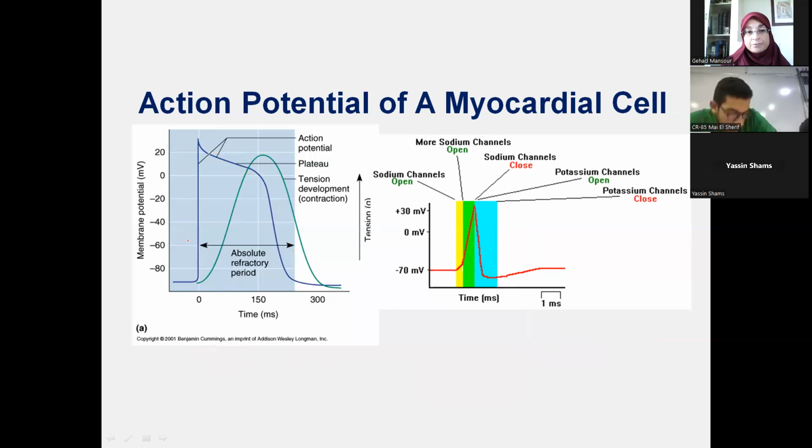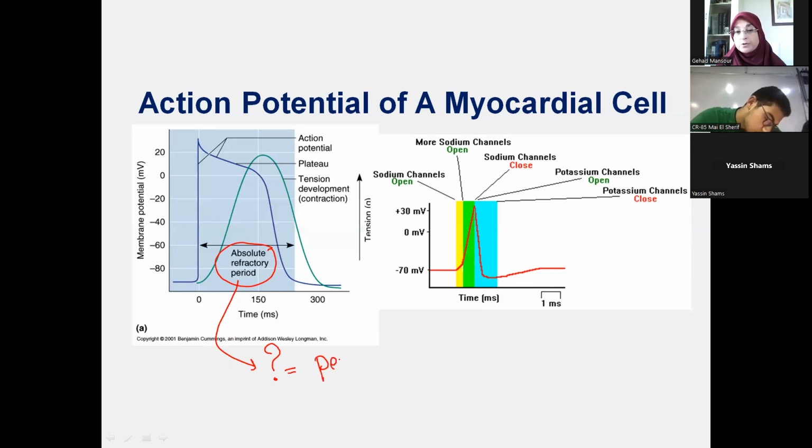What you see on the graph is a very important term, which is the absolute refractory period. Refractory means non-responsive, and absolute means non-responsive however strong the stimulus that is applied to the cardiac muscle. So what is the absolute refractory period?